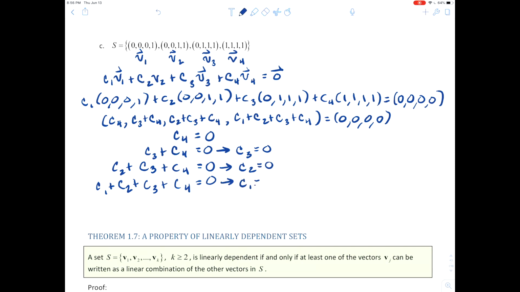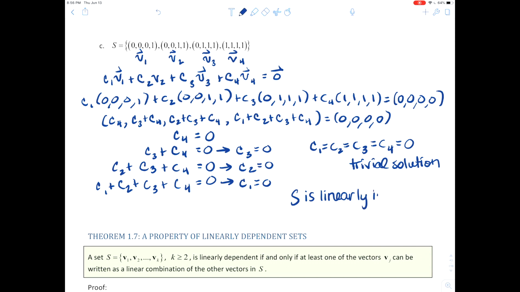And C1 also has to be 0. So this is the trivial solution. C1, C2, C3, and C4 are all 0, which is the trivial solution. So that means that S is linearly independent.